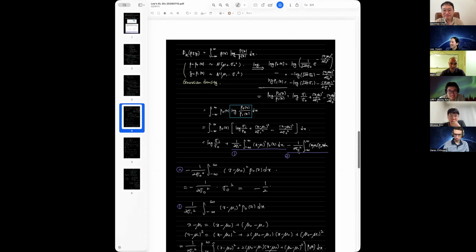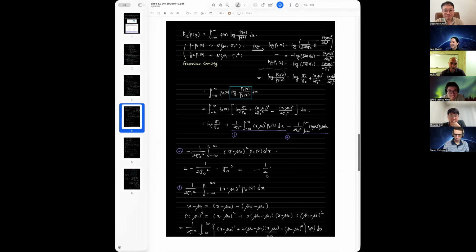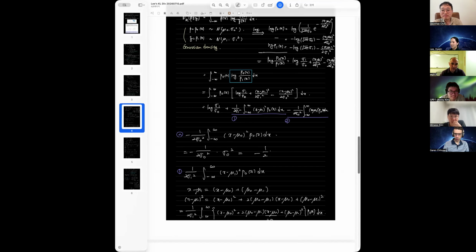Yes, exponent 2. And the sigma 0 part is difficult. Computing this, I get -1 over 2. And we try on these terms the first thing. This term is x minus mu1, and p0(x) is the point of this calculation, because p0 relates to mu0 and sigma0, so there are no mu0 terms.